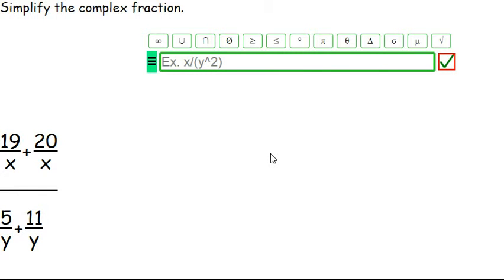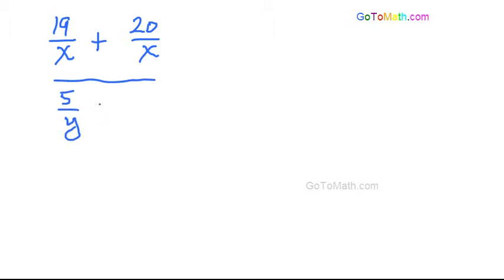Okay, got it. So 19 over x plus 20 over x, all over 5 over y plus 11 over y.